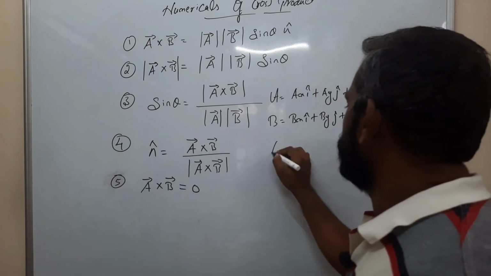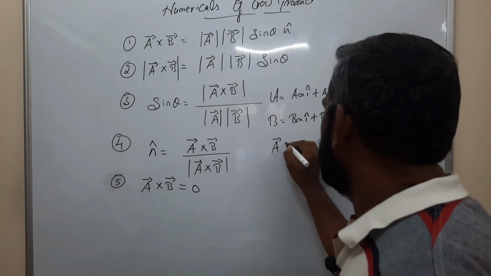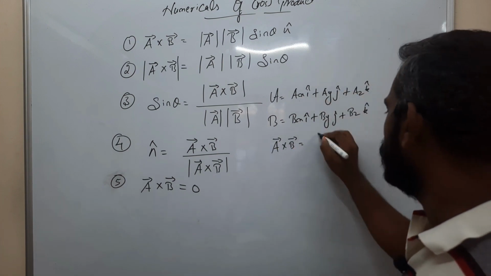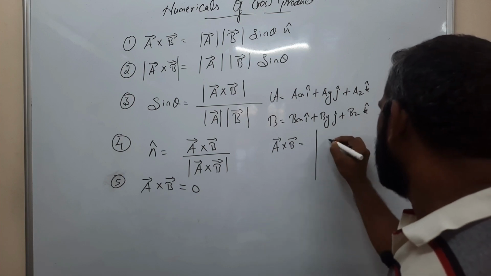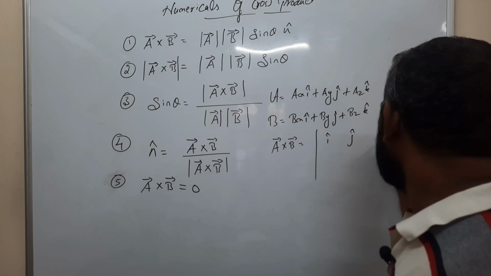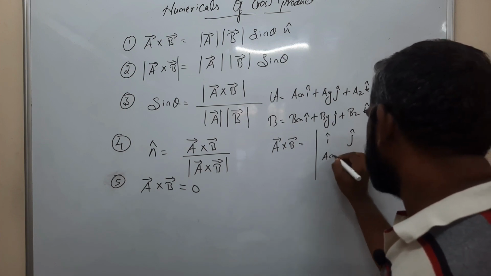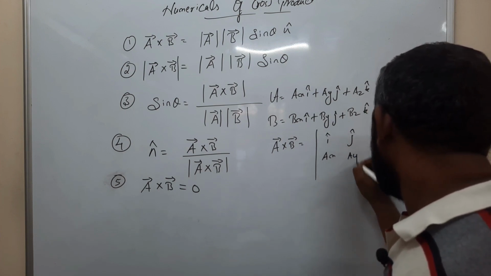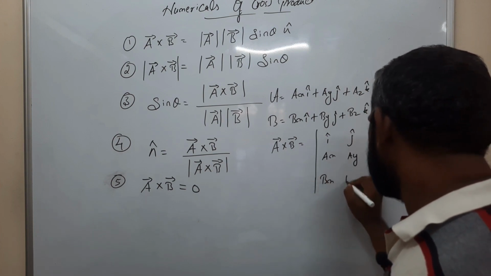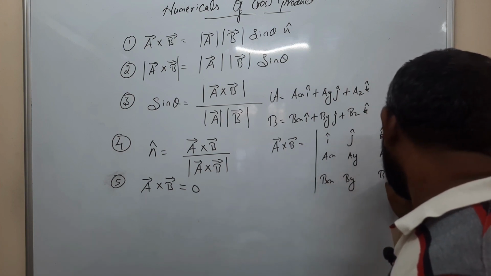Then A vector cross B vector is equal to the determinant of I cap, J cap, K cap, AX, AY, AZ, BX, BY, BZ.